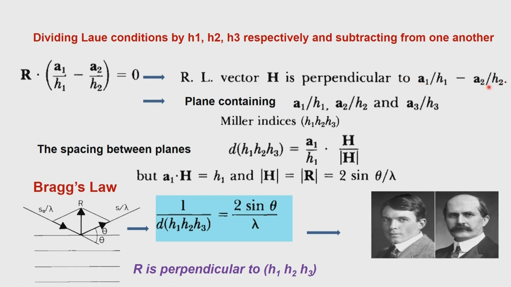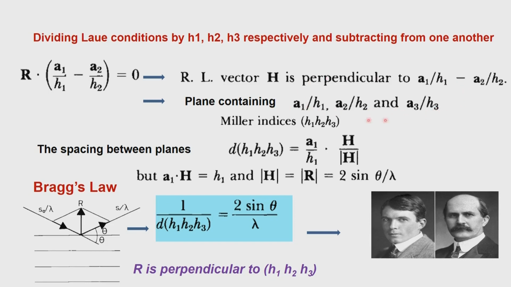The same logic applies to the other two sets, that is, R dot (A2 by H2 minus A3 by H3) equals 0, so the reciprocal lattice vector is perpendicular to A2 by H2 minus A3 by H3, and the third one as well. This essentially means that the vector R is perpendicular to the plane containing A1 by H1, A2 by H2 and A3 by H3.